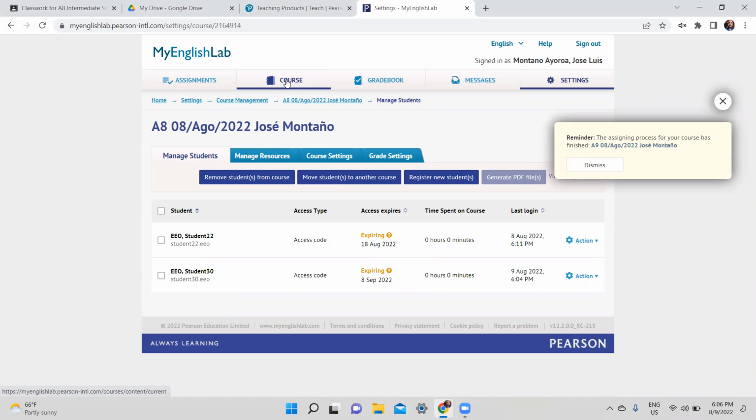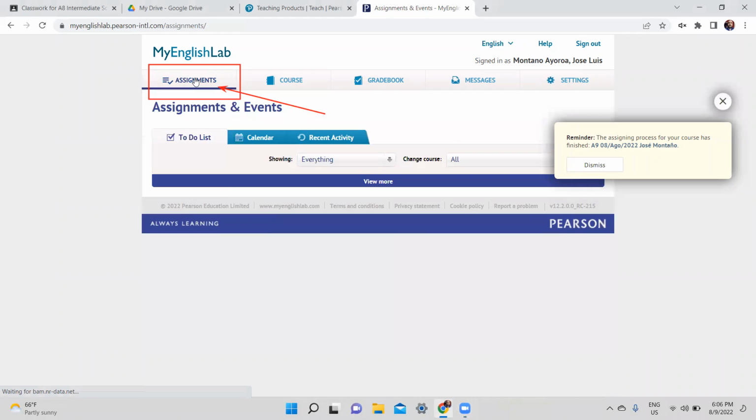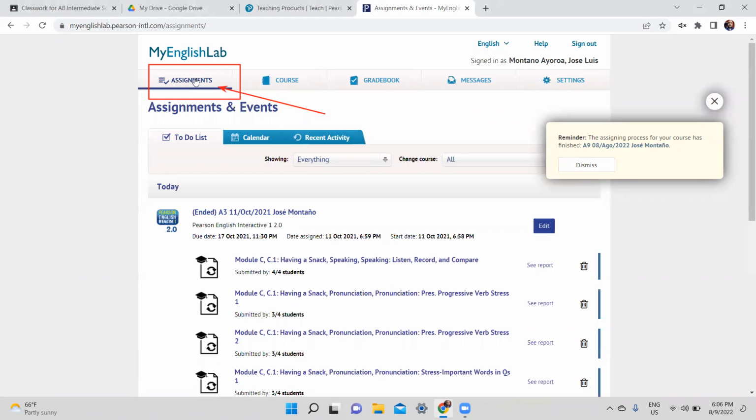Now, what you have to do, lo que tienes que hacer, is go to assignments. Directamente te vas a asignaciones. Everything is on assignments, Evelyn. Todo lo que tienes que completar. So if I assign homework, si asigno tarea, everything is there.